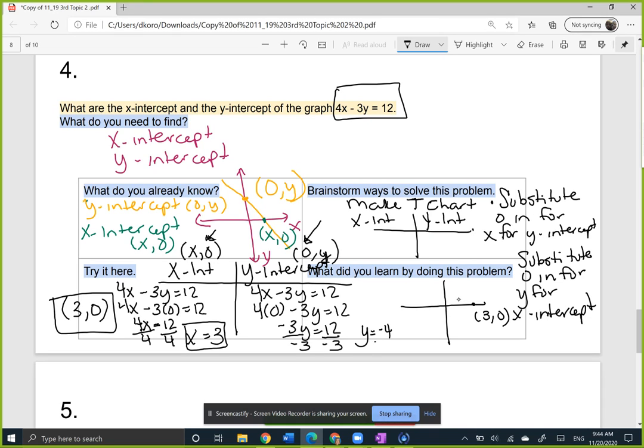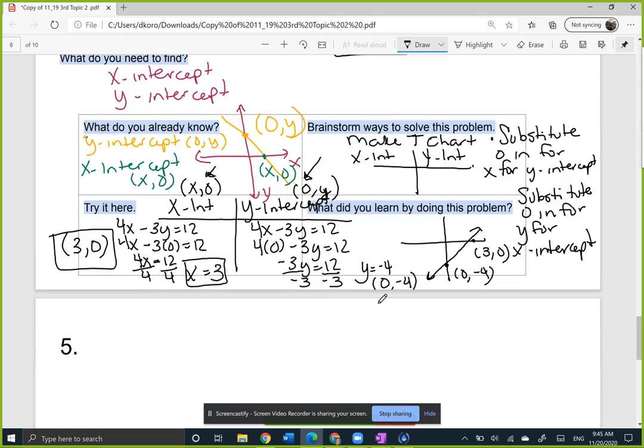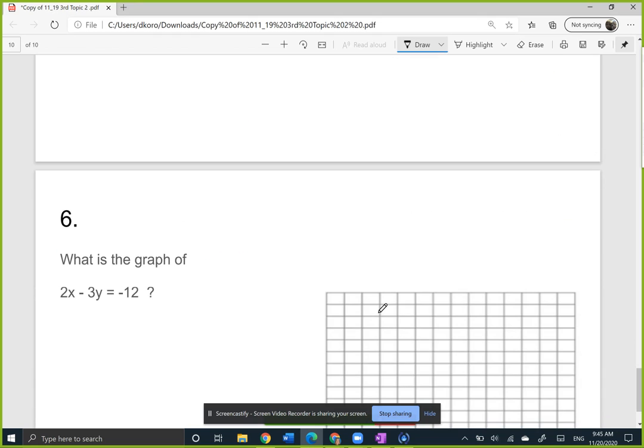So my ordered pair is 0 and negative 4. So if I were to graph this, 0 and negative 4 would be right there. And draw my line. So that's how I graph it, which is also like number 6.